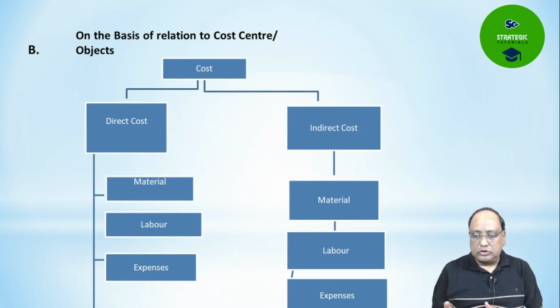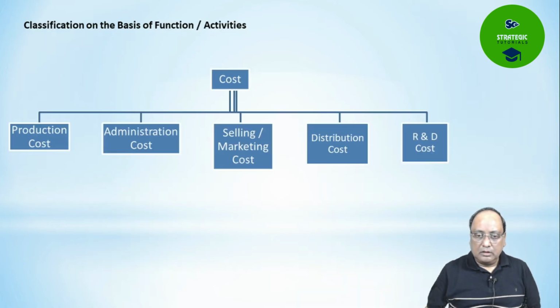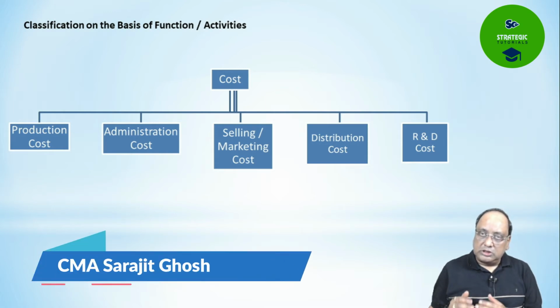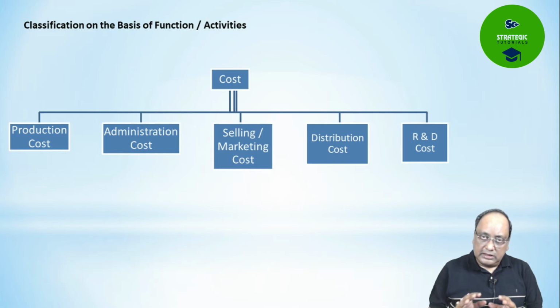Similarly, indirect is also classified into material, labor and expenses. On the basis of functions and activities, cost can be classified into production cost, administration cost, selling and marketing cost, distribution cost, and R&D, research and development cost. These are the broad segregations of cost on the basis of functions and activities.